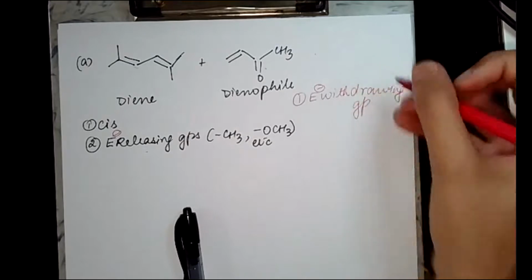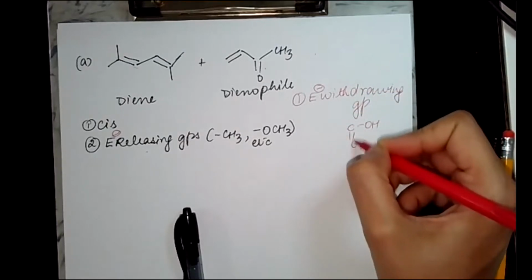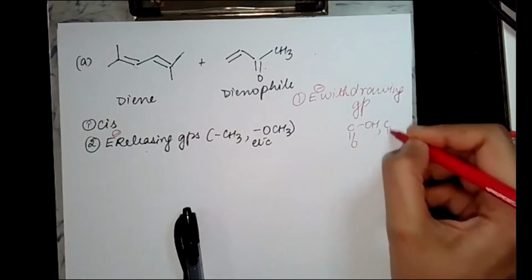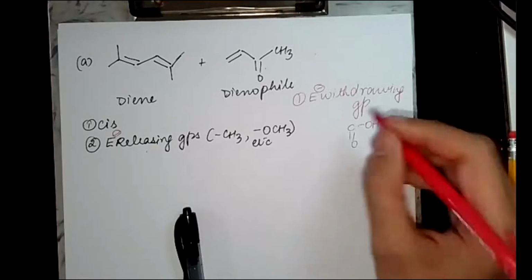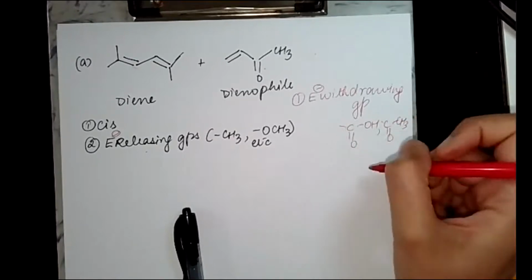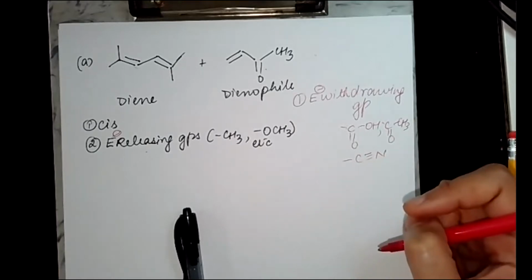What is an electron withdrawing group? Very popular examples are a carbonyl with OH, a carbonyl with just an alkyl, something related to a carbonyl, a cyanide, and so on and so forth.